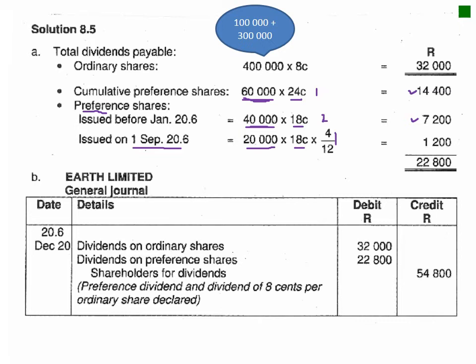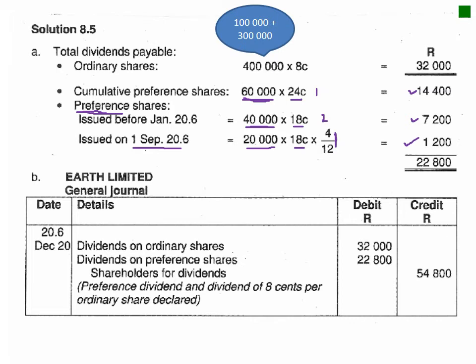So they're only entitled to a dividend for 4 months. Please note this is only for preference shareholders, where you apportion the dividend based on the number of months for which they held the shares. So that dividend will be 1,200.